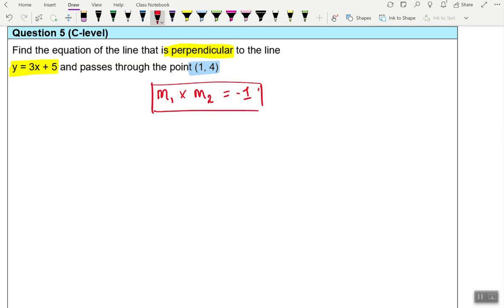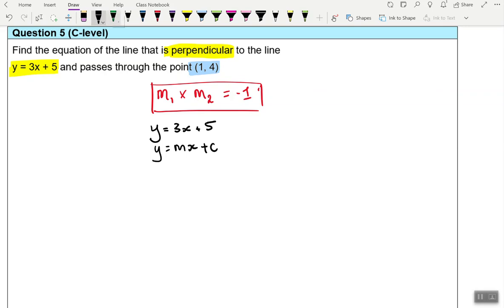Alrighty, so if I have got my original equation that's given to me, y equals 3x plus 5, the gradient is 3. Always remember the general equation for a linear equation is y equals mx plus c, where m is your gradient.